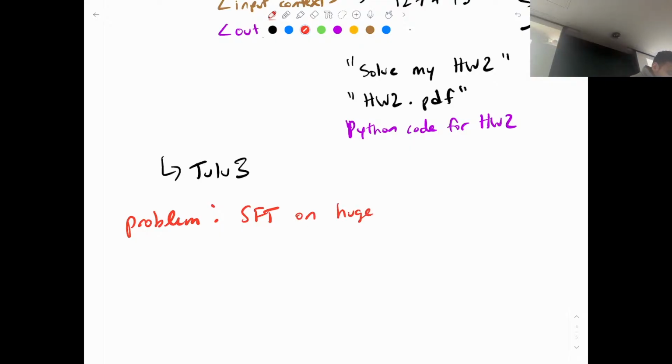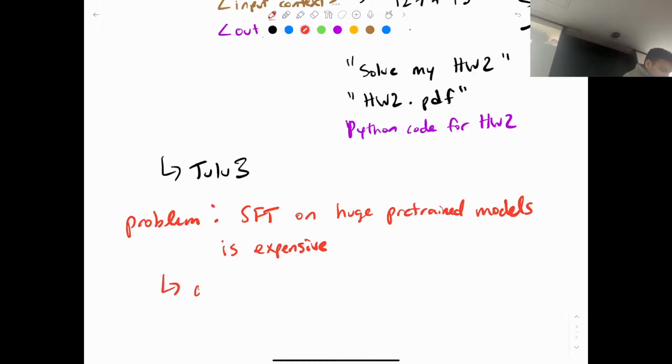SFT on huge pre-trained models is expensive. It requires a lot of memory in GPUs. And why is that? It's because you're adjusting billions of parameters through backprop.